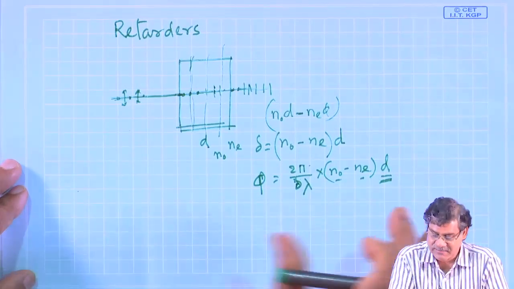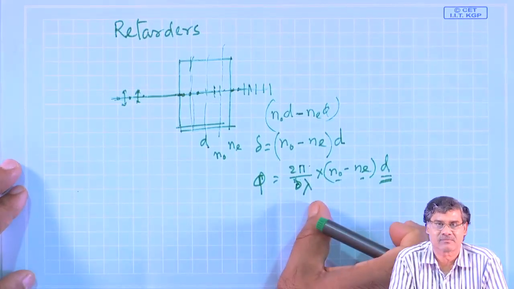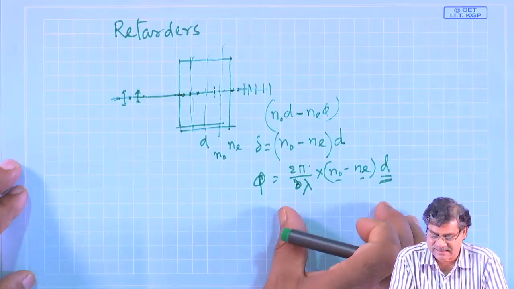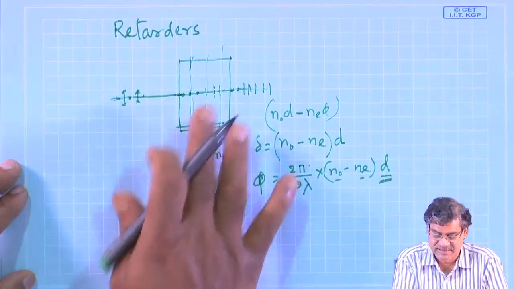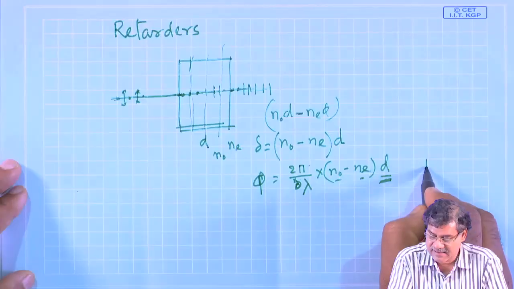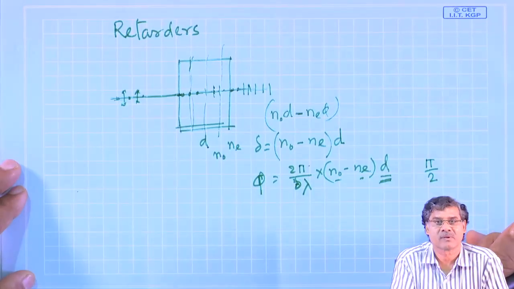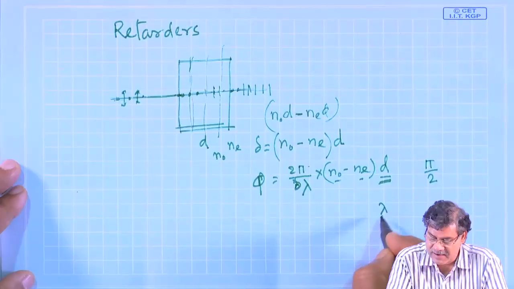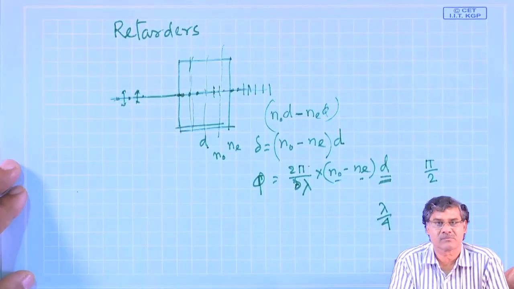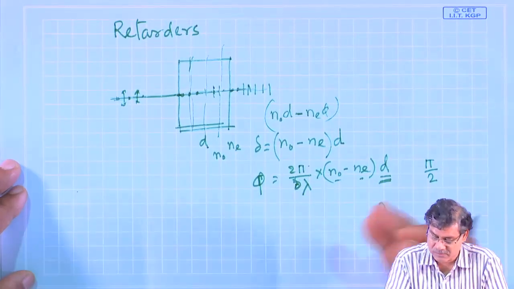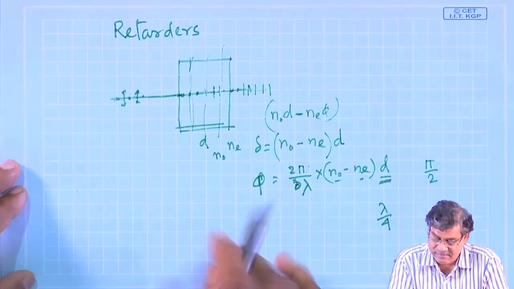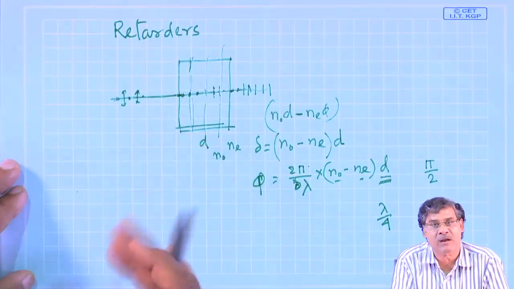So, if the thickness is such that the phase introduced is pi by 2, that means the path difference is lambda by 4, then that plate is called a quarter wave plate.